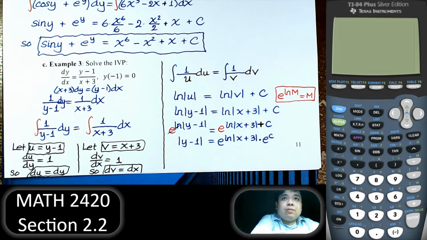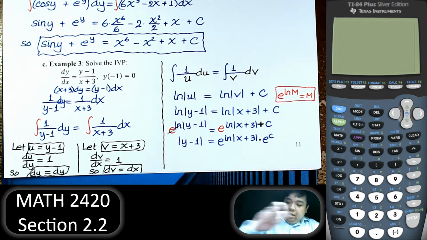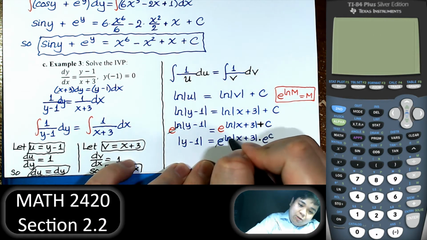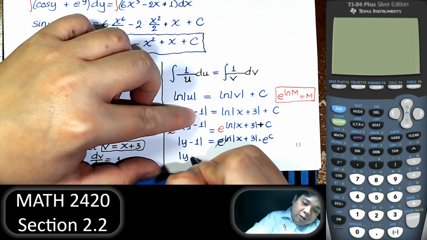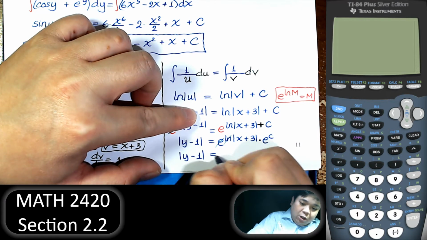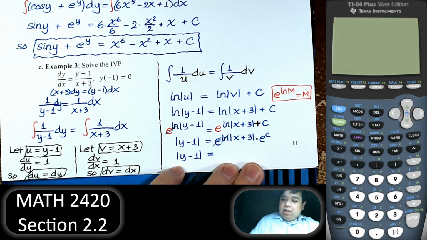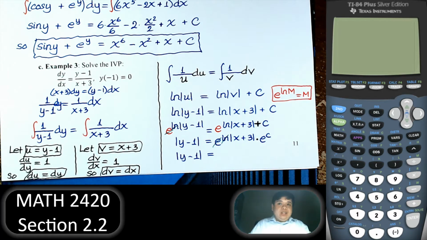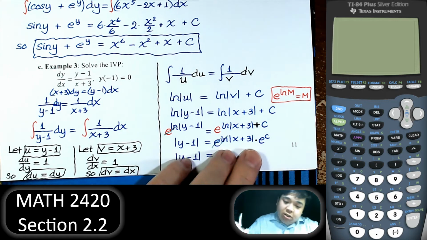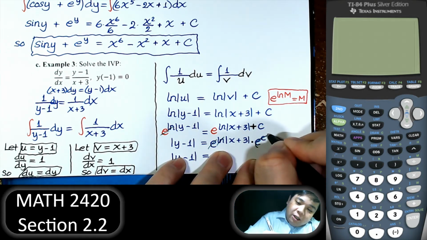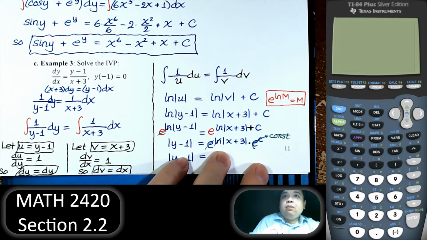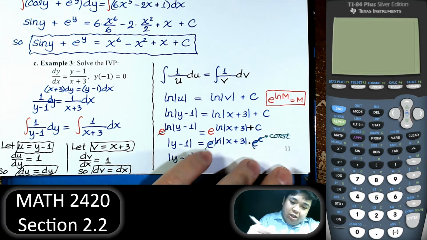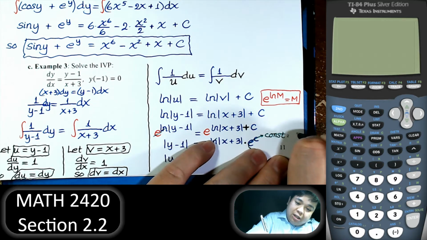Right? Now the e and the ln will cancel out. So that gives us the absolute value of y minus 1 equal to, by the way, what is e to the c? c is a constant. e to the c is still a constant. Actually, any function of c is also a constant. So e to the c is still a constant, so we just make that equal to another c.